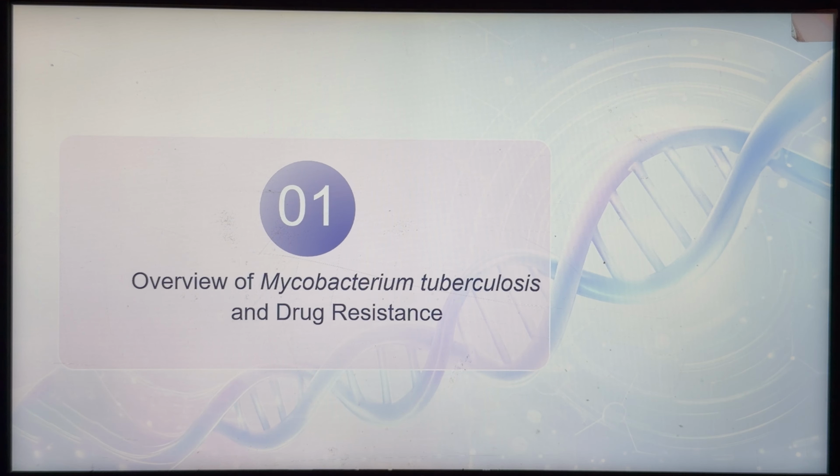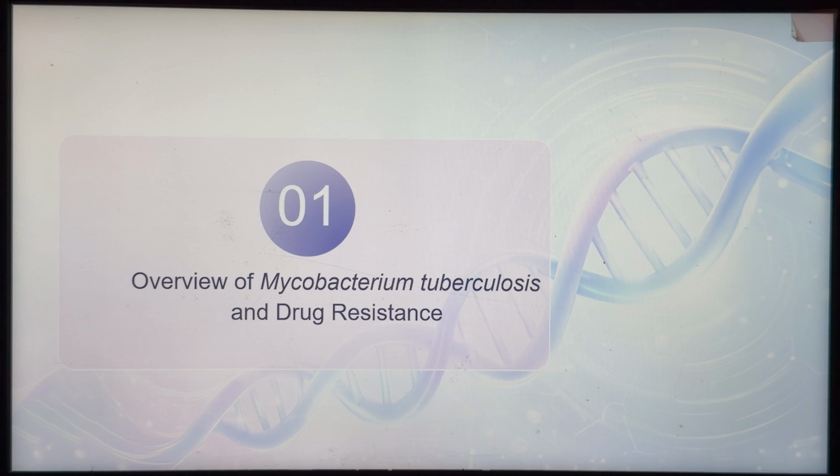Its unique lipid-rich cell wall, slow growth rate, and ability to persist inside macrophages make it one of the most successful human pathogens. Unfortunately, the emergence of drug-resistant tuberculosis has complicated both diagnosis and treatment. Resistance is no longer just an individual patient's problem, it has become a major global public health challenge.